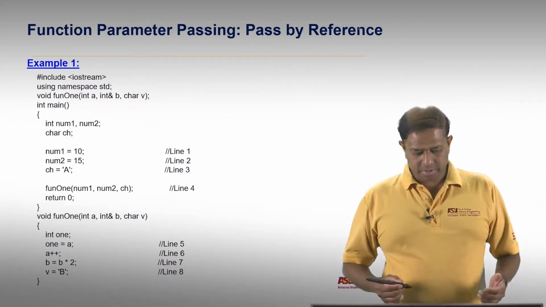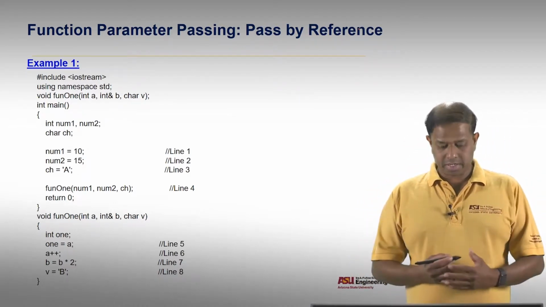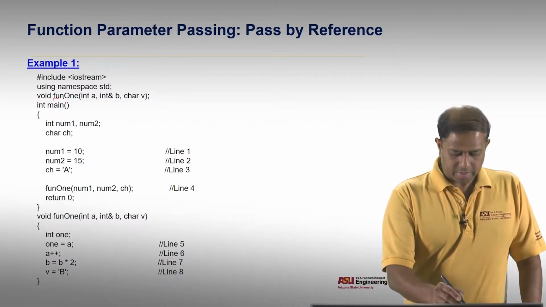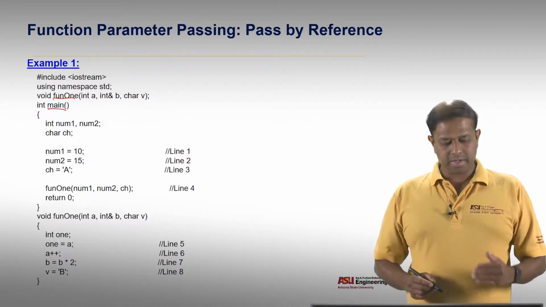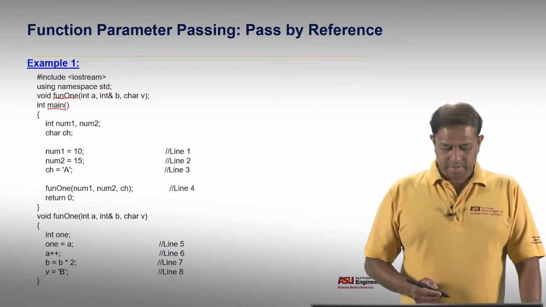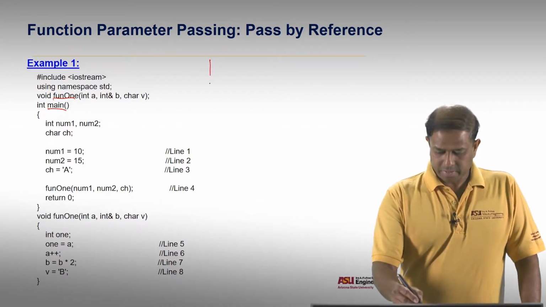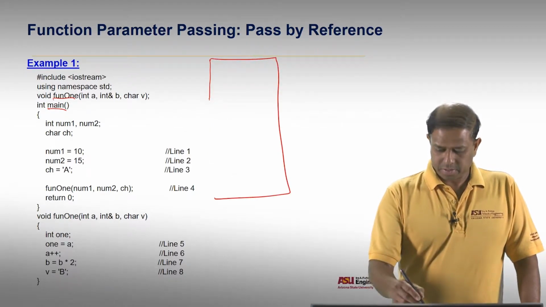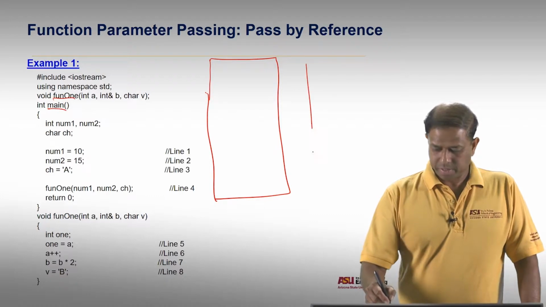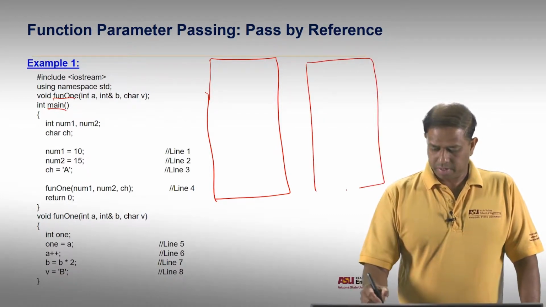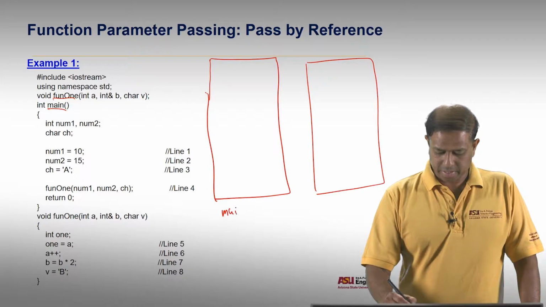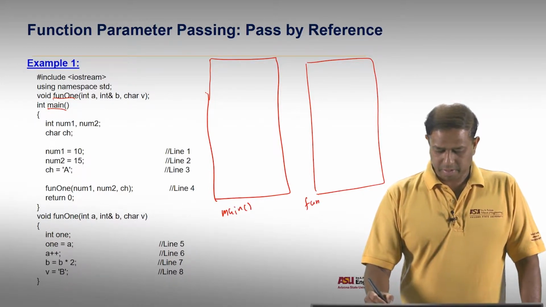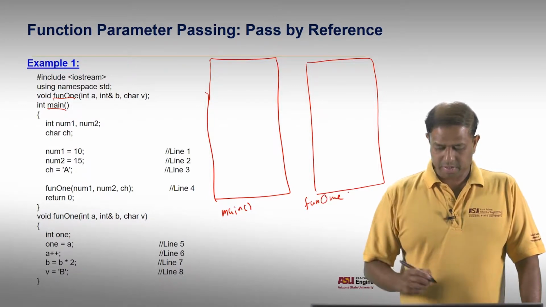Let's work out this one and see how variables change as we execute this program. In here again we have 2 methods, the main method and the fun1 method. When we allocate memory, we allocate memory for the main method as well as function 1. So this is for the main method, and this one is for fun1, right?